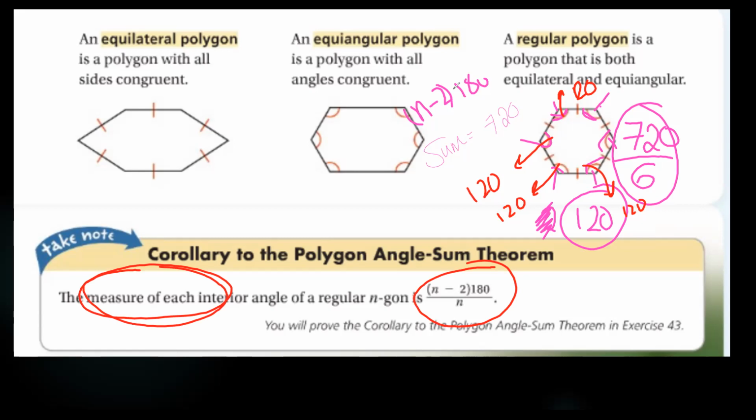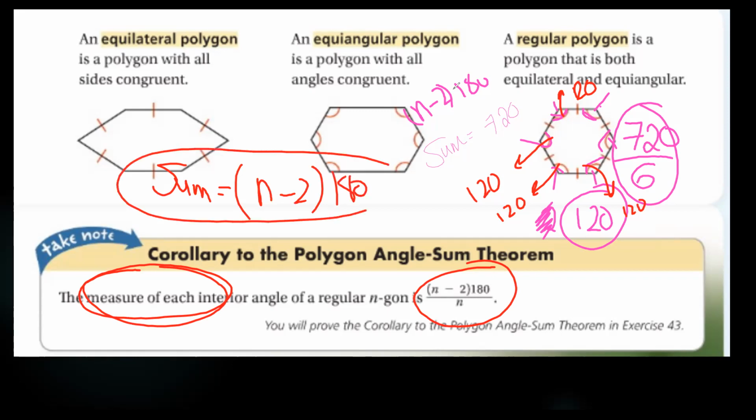But if I ask you to find the sum of the angles, you have to say n minus 2 times 180 only. Is it clear? Yes, teacher. So remember, the measure of each angle will be n minus 2 times 180 divided by n.